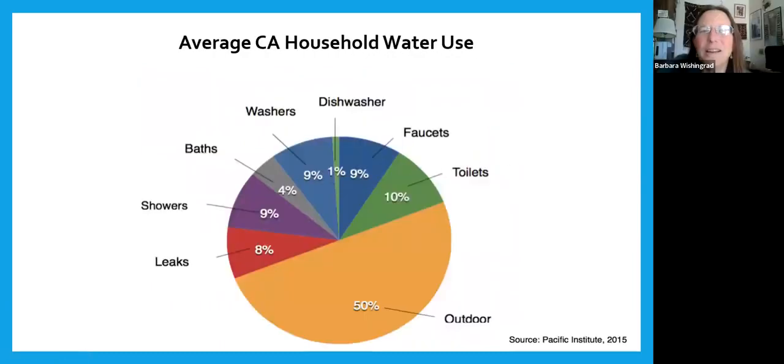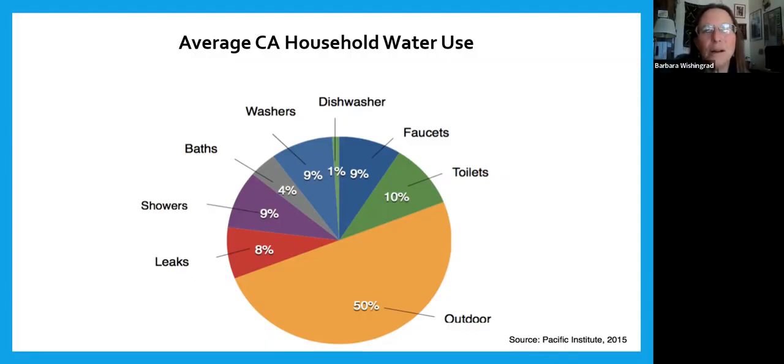So this is just an idea of the average California household water use so that you can see. And I think this is particularly helpful for Greywater, because we see that about 50% of our water bill is outside water use, except like Madeline just said, it fluctuates with the seasons.